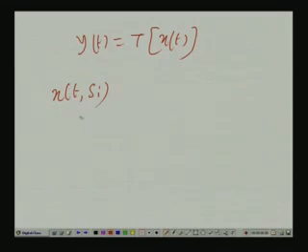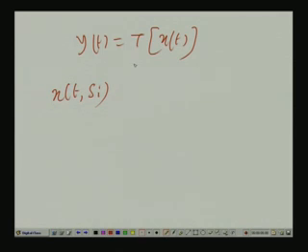Now, suppose given this waveform x(t, s_i), when capital T works on it, the system works only on this as a function of time and does not take s_i as a parameter. Then we say it is a deterministic system.